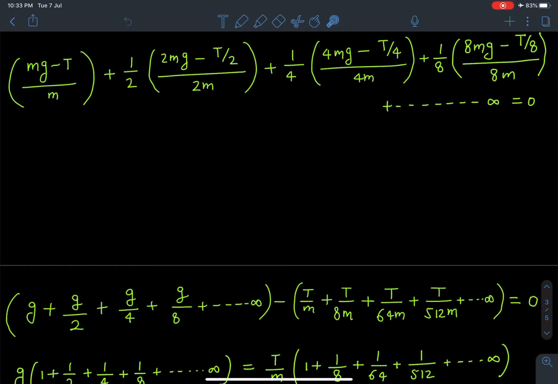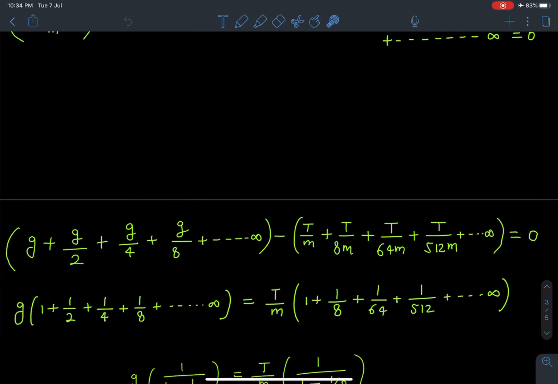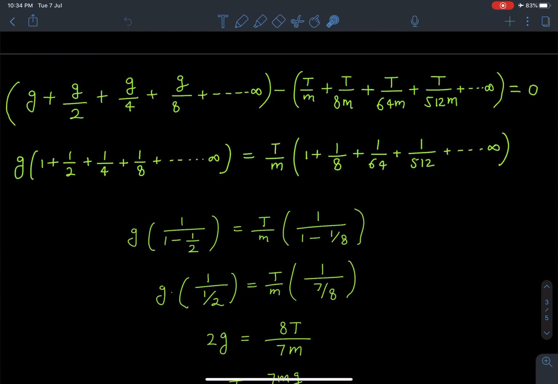Similarly, if I take the negative sign outside, from the first term I get T by m, then from here T by 8m, from here T by 64m, and from here T by 8 cube m, which is 512m. As you can see, they are going to give us infinite GPs.